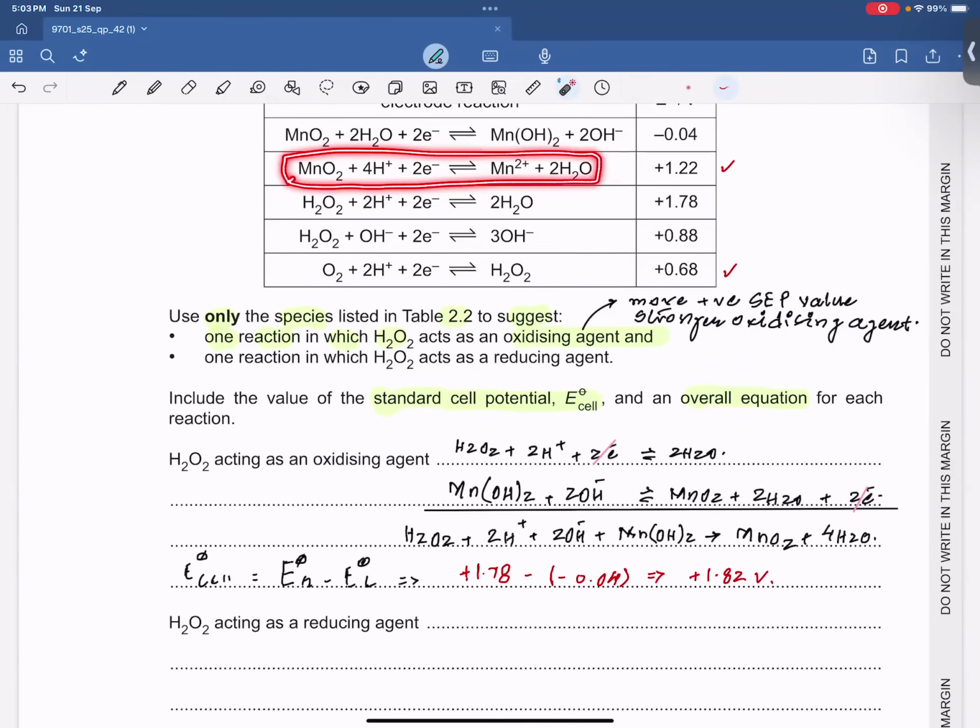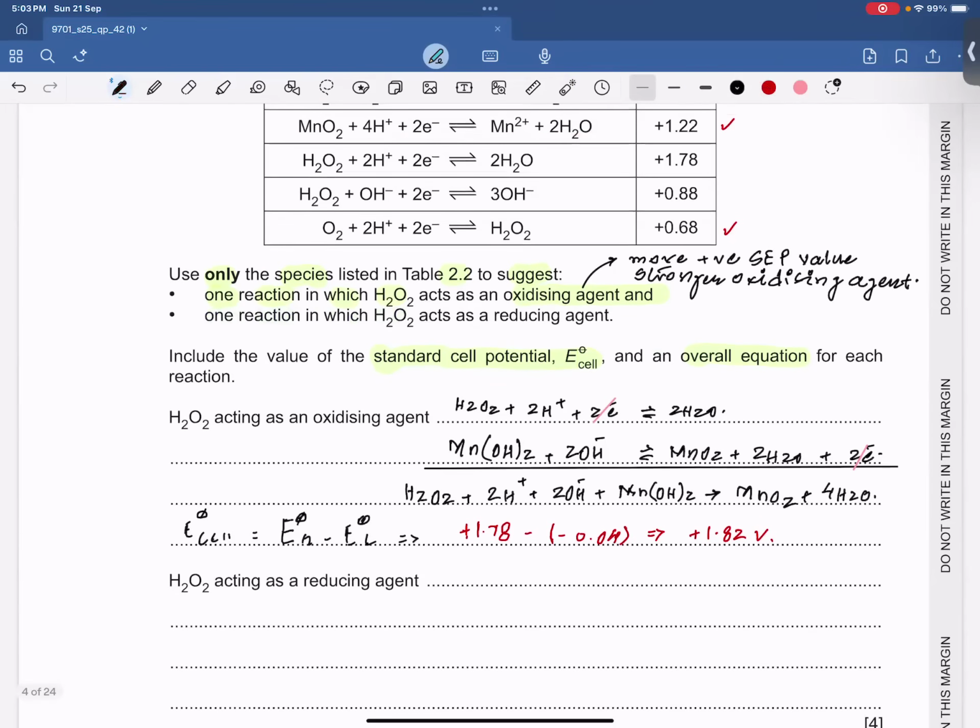So I'm going to write this equation as it is. MnO2 plus 4 hydrogen ion plus 2 electron gives Mn2 plus plus 2 H2O. All right.